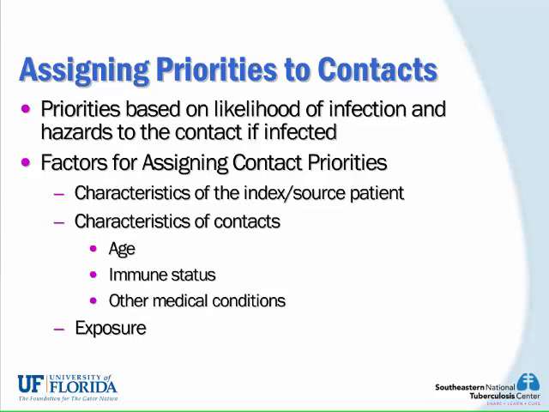So once the infectious period is decided, there is a list of contacts that are prioritized according to certain characteristics. The priority of the contact is decided based on the characteristics of the index or source patient, the characteristics of the contacts that have been exposed, including especially the age, the immune status, and other medical conditions that predispose them to develop TB disease, and also according to the type of exposure they've had.